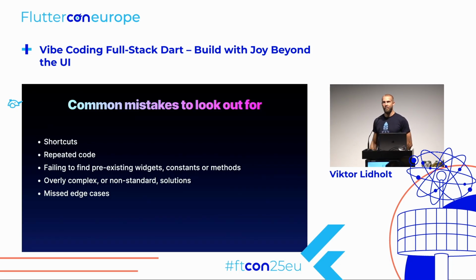For instance, one of the biggest advantages of Flutter and widgets is that you can reuse them in different parts of your app, right? The LLMs love to write new stuff all the time, rather than adding a property to an existing widget and just piping it into the right place. So watch out for that. And with some smart prompting, you can get it to do it right. Same with constants, methods. You may need to point it out and do an extra iteration if you don't want to do it yourself.